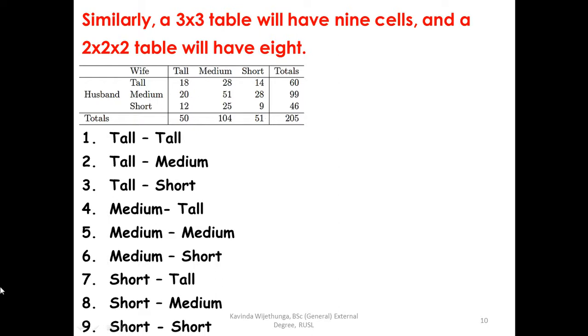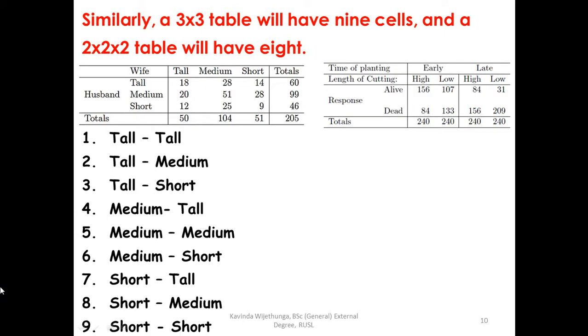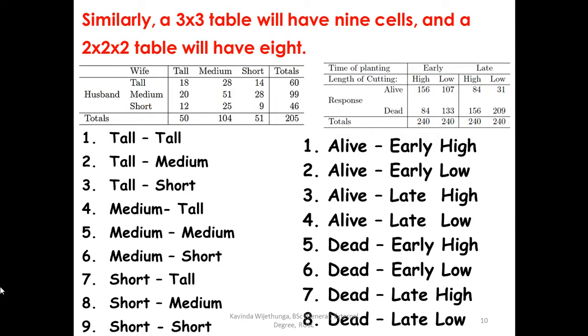These are the cells. This is a 2 into 2 into 2 table. Here you can see alive, early, high; alive, early, low; alive, late, high; alive, late, low; and dead, early, high; dead, early, low; dead, late, high; and dead, late, low. These are the cells.